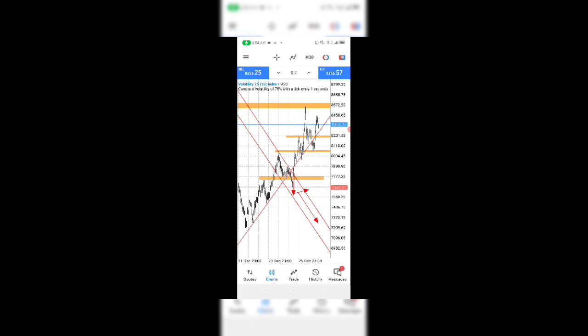In that new signal zone or region, you should break at least one single point. So price breaking this point here is a sign of strength.